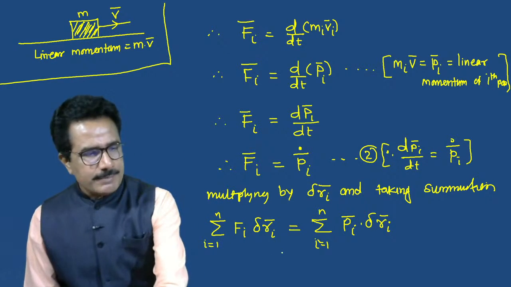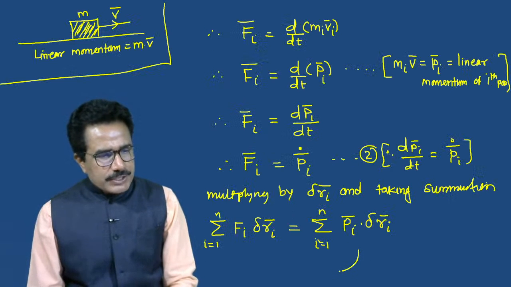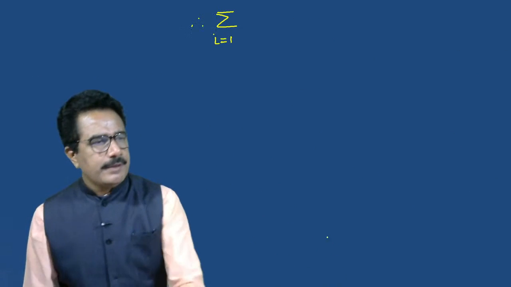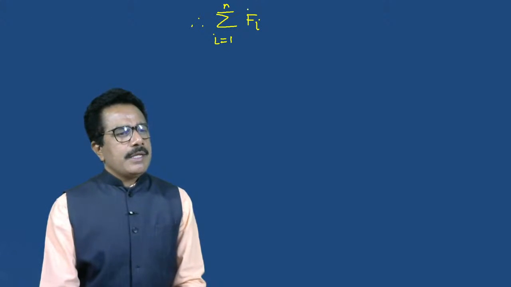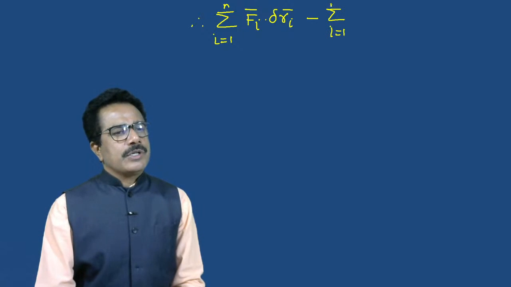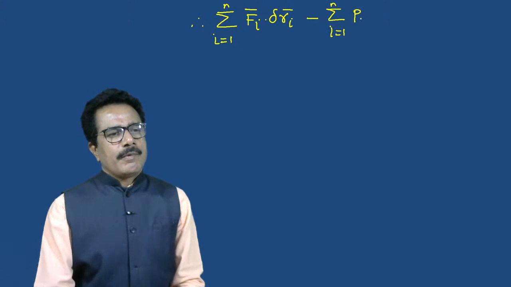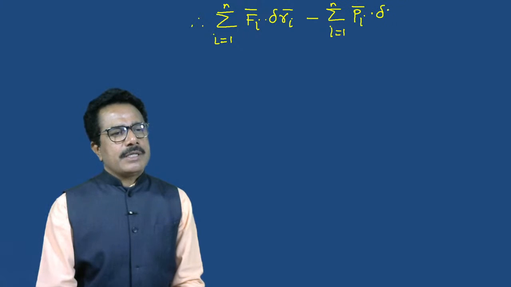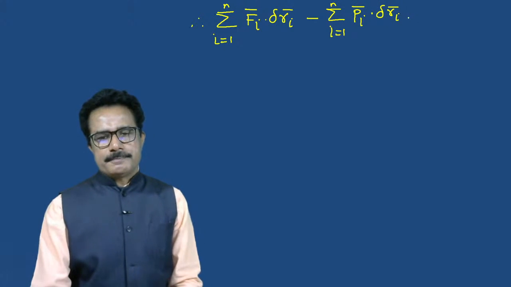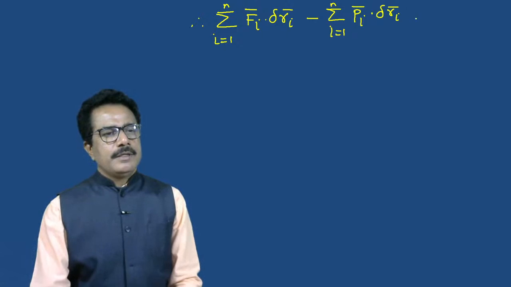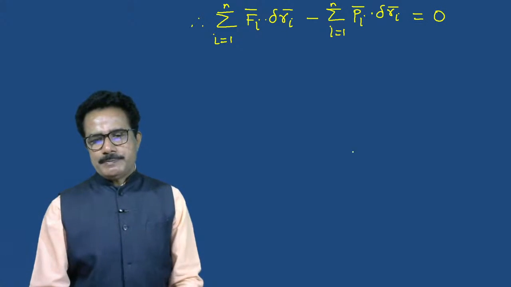Transfer this term to the left side. So summation i equals 1 to n Fi bar into delta Ri bar minus summation i equals 1 to n pi bar dot delta Ri bar, which is equals to 0.